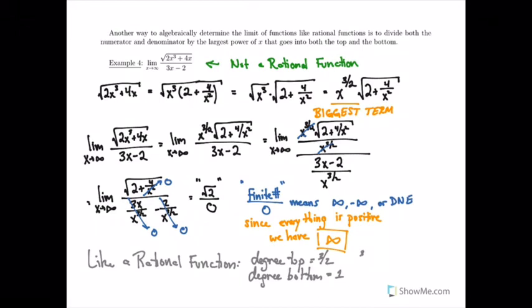And since 3/2 is greater than 1, we have no horizontal asymptote. That is true. But technically this is not a rational function. We have to be a little more careful with the algebra.